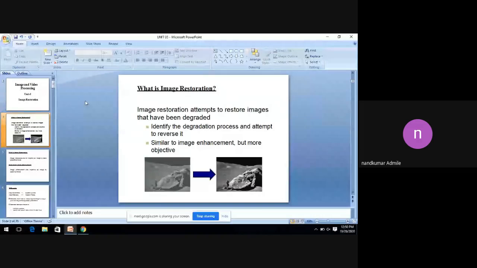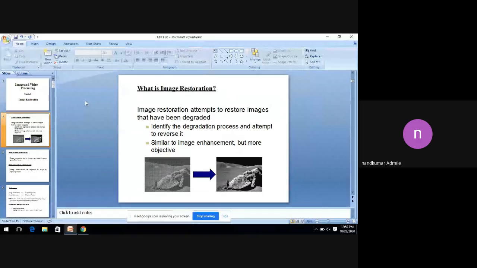So these two concepts are related to each other. In image enhancement we can improve the quality of the image as well as remove various types of noises from images. But in image restoration we deal with only noise.